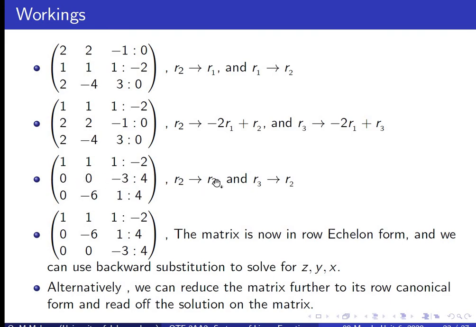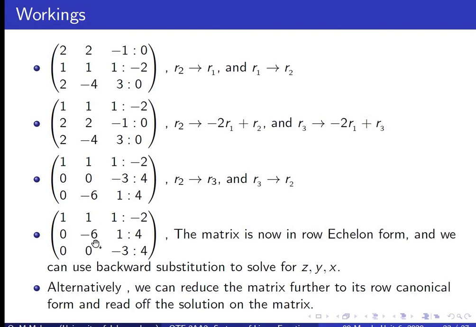Row 2 becomes row 3 and row 3 becomes row 2, to obtain the system below. As you can see, this system is in echelon form, in the sense that everything within the column of a pivot entry, everything underneath the pivot entry, is 0.